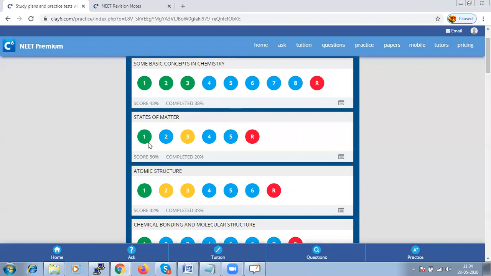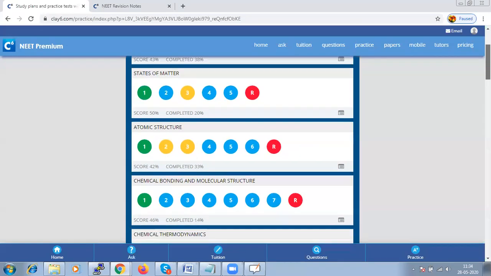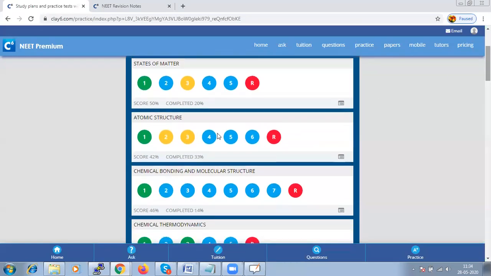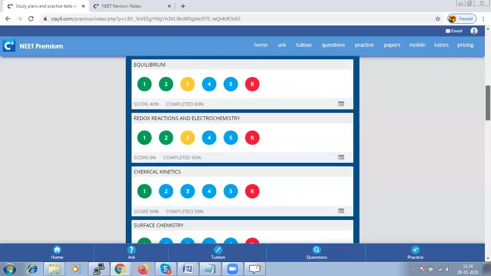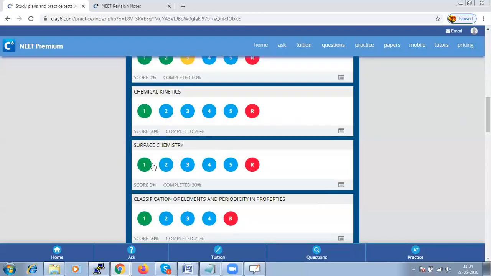Green color indicates that the test is already taken, yellow says it is in progress, that is we have not completed the test, blue is yet to be taken, and R is a random test if we need additional practice from that particular chapter. So let us try taking a test from surface chemistry.